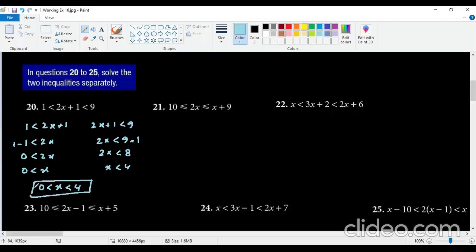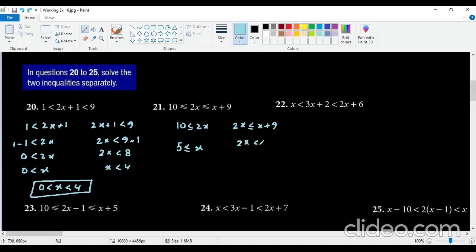So you have written both of them separately. First one is saying 10 less than or equal to 2x, and the second part is saying 2x less than or equal to x plus 9. Two different things. So in here it is saying that 5 less than or equal to x, and this one is saying 2x less than or equal to x plus 9.